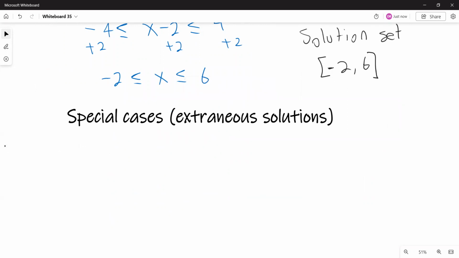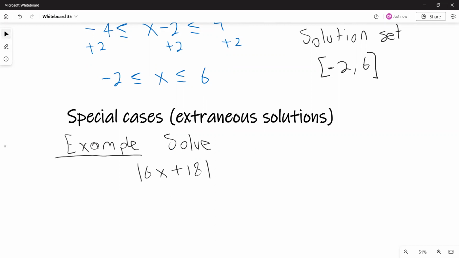For example, solve. Let's say you want to solve the absolute value of 6x plus 18 equals 0.